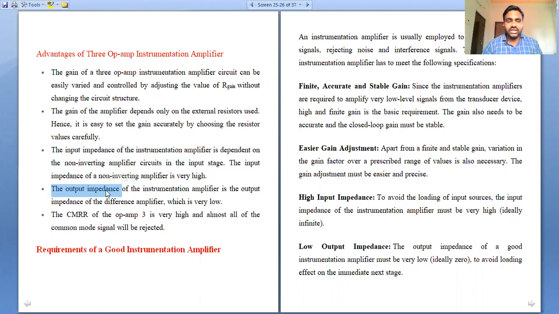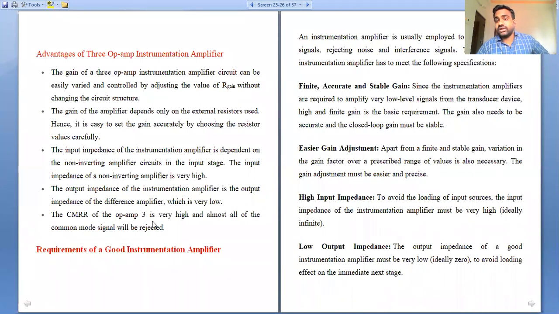Next is the CMRR, or common mode rejection ratio. What actually happens in this instrumentation amplifier is that the CMRR should be very high.